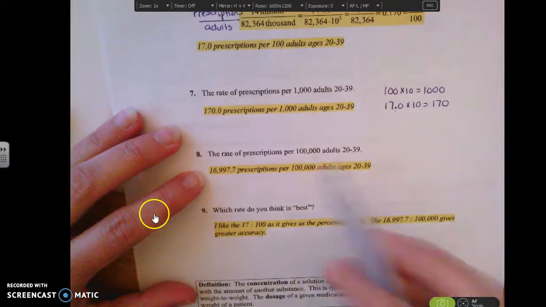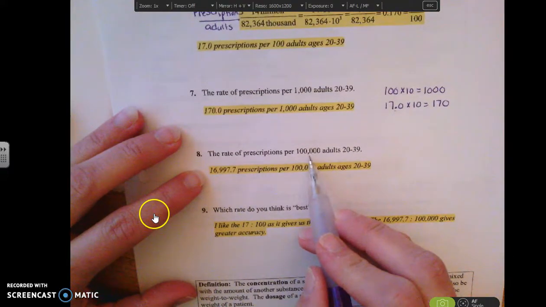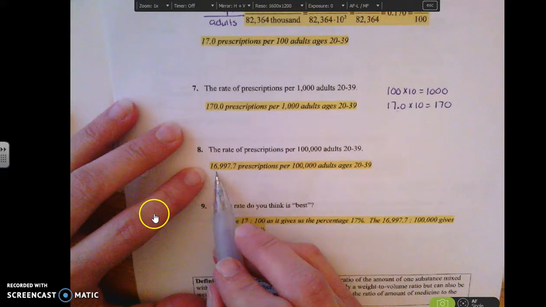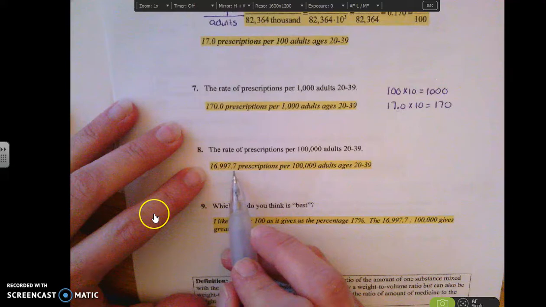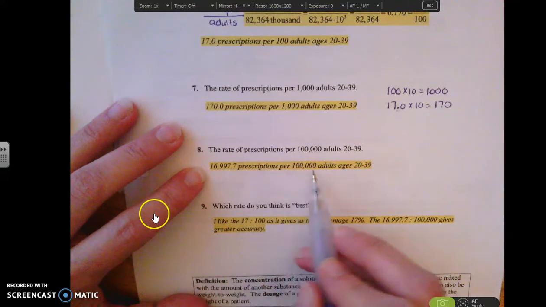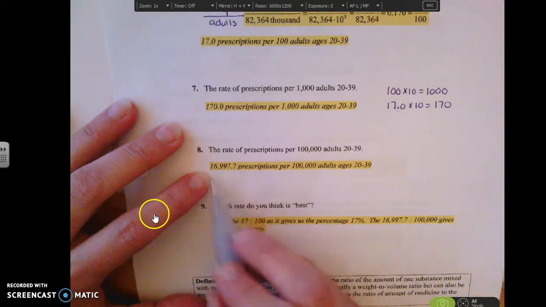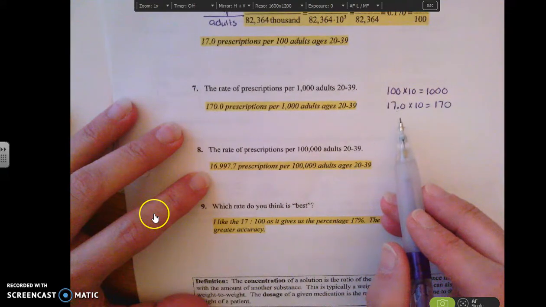Well, what if I don't round it here and I ask you per 100,000 people? So now I'm looking at 16,997.7 prescriptions per 100,000 adults. So we wanted to keep our decimal places here instead of just rounding it off to 17,000.